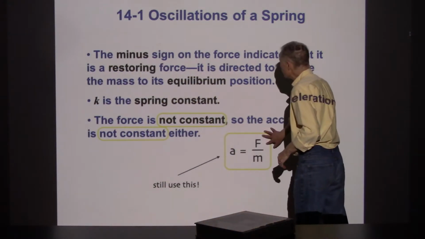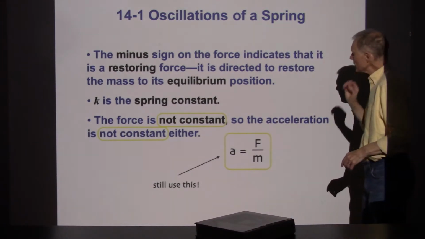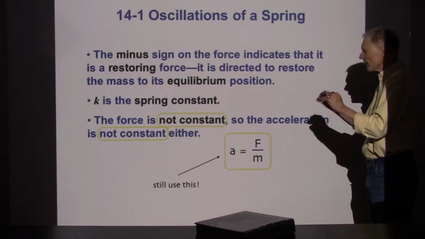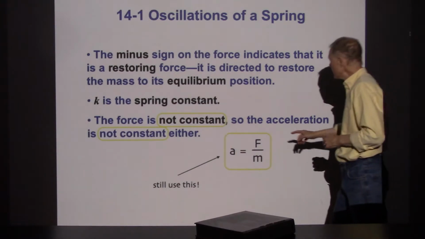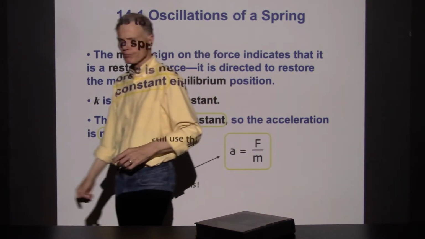Our starting point for oscillatory motion is to go back and write down that the acceleration at any instant is given by the force divided by the mass.